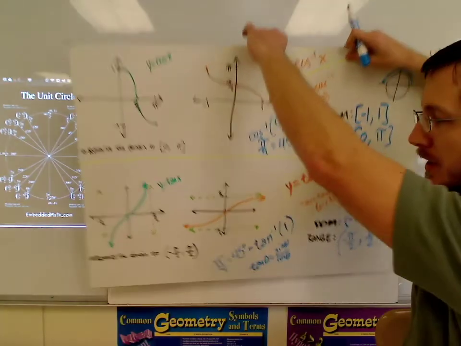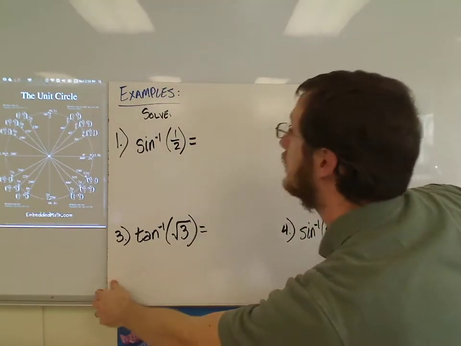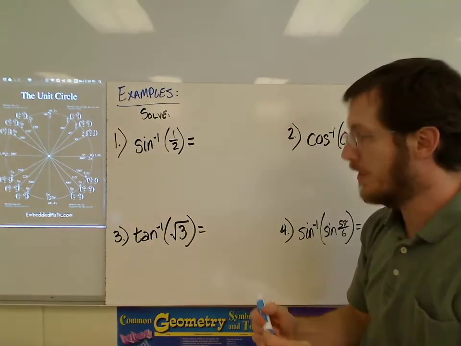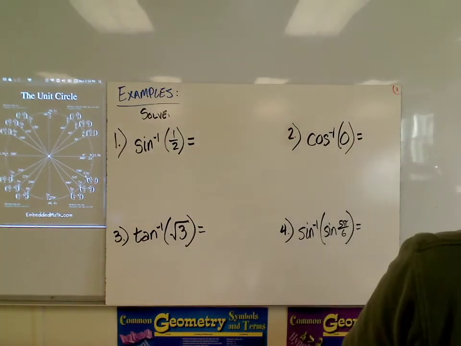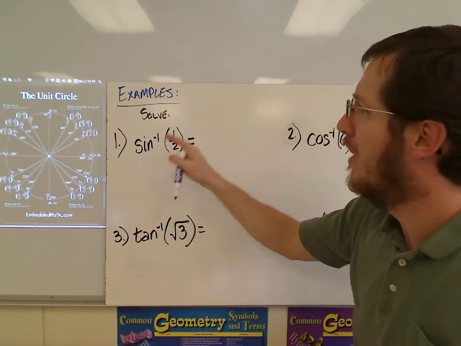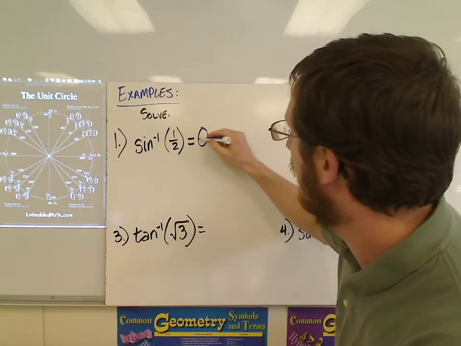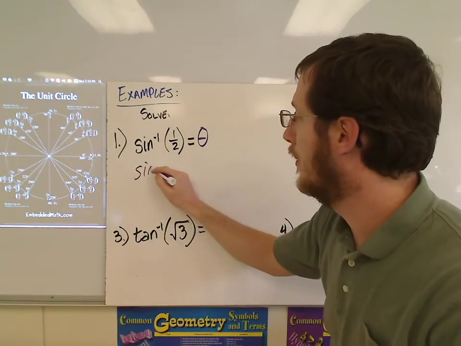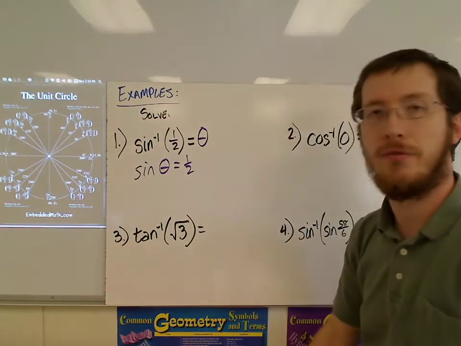All right, let's look at some more examples. Number 1, we're looking for the inverse sine of 1/2. In other words, we're looking for the sine of what angle would give us 1/2.